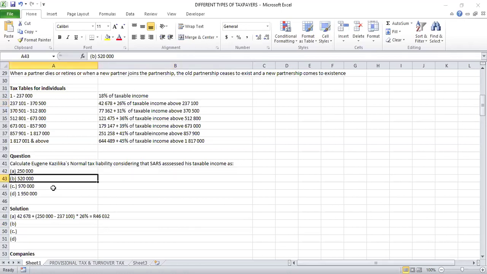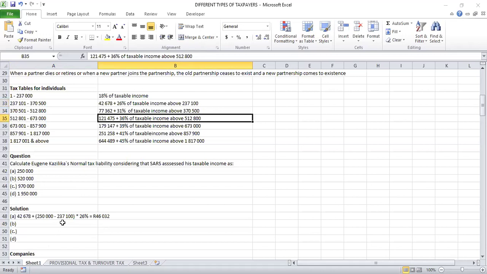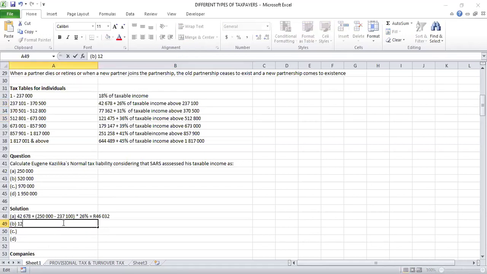Right. So now if the person earns 520,000, we know that 520,000 falls in this bracket. So that means there will be 121,475 plus the difference between 520,000 minus 512,800, then multiply this by 36%.